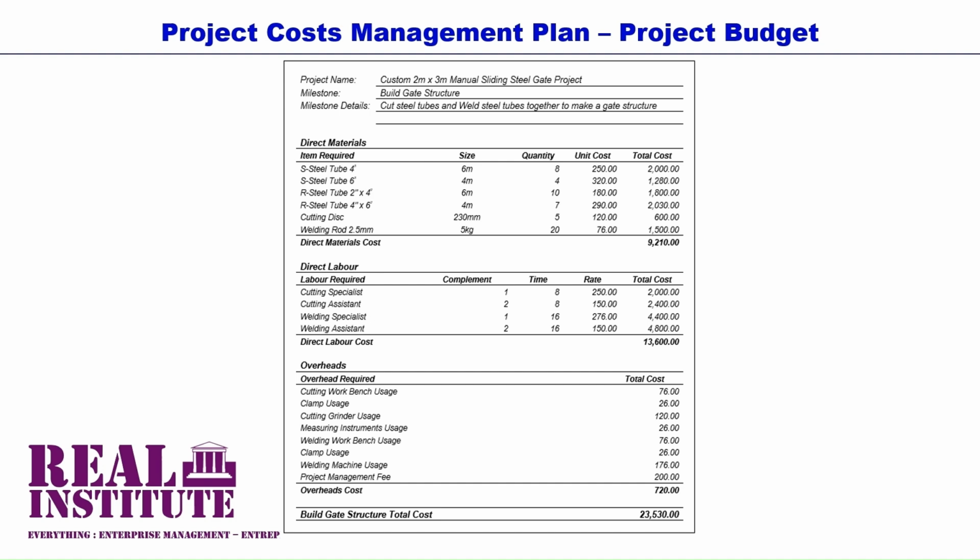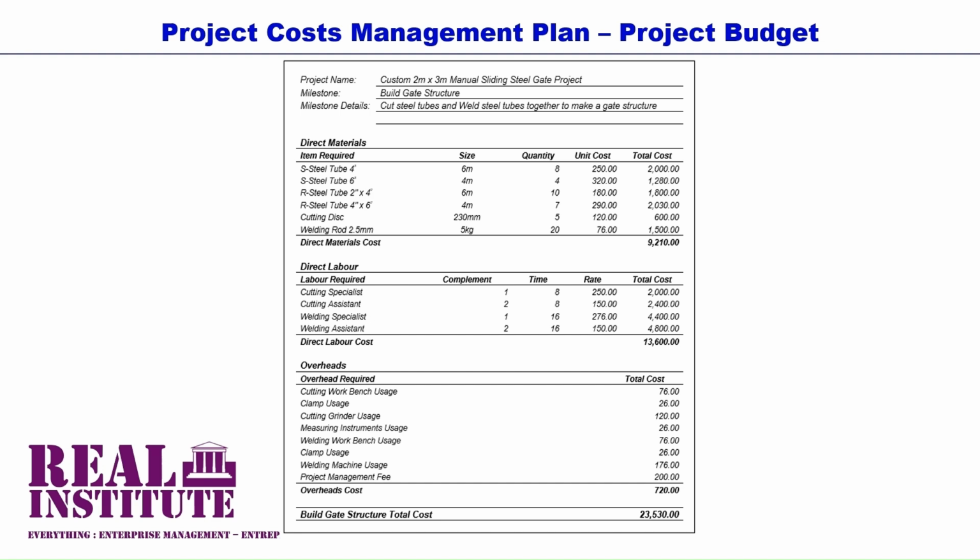Then a cost of 4,400 is for a single welding specialist for 2 full days work of 8 hours times 2, which is 16 hours, at a rate of 276 per hour. Then a cost of 4,800 is for 2 welding assistants, also for 2 full days work of 16 hours, at a rate of 150 per hour for each assistant.